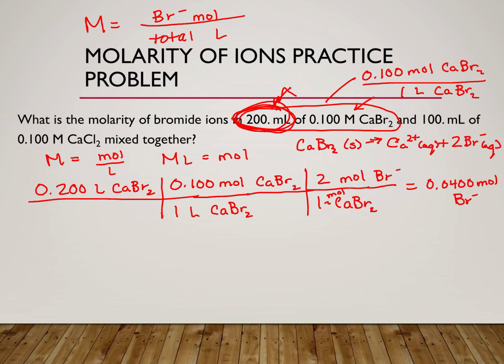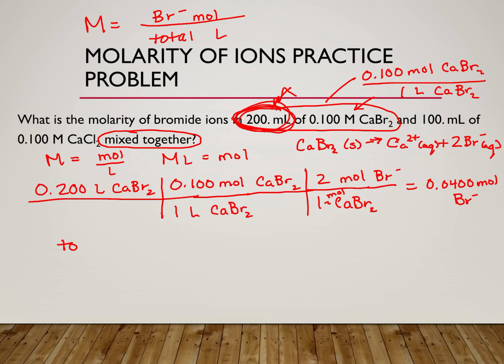Then we'll take our moles of bromide ions and divide it by the total volume, because our molarity will be in our new solution after they have been mixed together. So we use our initial calcium bromide information to figure out the moles of bromide, and then we'll use our total volume to figure out our liters so that we can figure out our molarity.